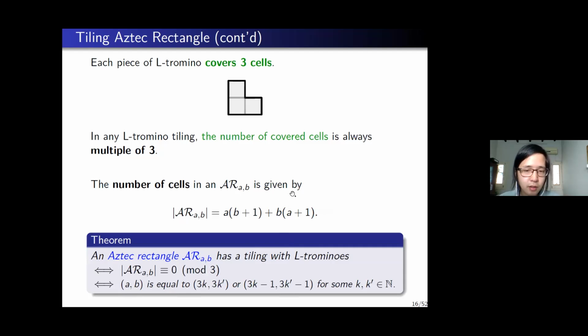And we can also show that we can always tile an Aztec rectangle of a multiple of 3 cells with the following algorithm.